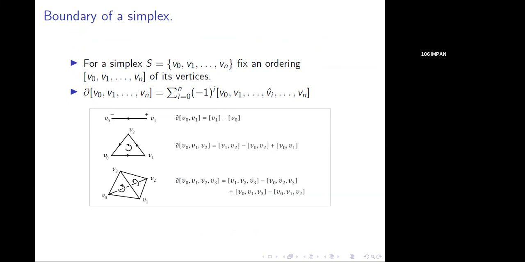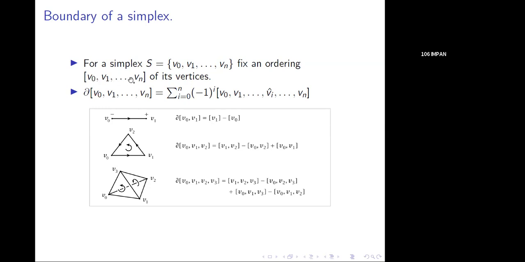And here's how it is defined. First of all, I take a simplex consisting of vertices V0 to Vn. I order them in a certain way, from V0 to Vn. It's actually related to a choice of orientation, which has something to do with the right-hand rule, if you like physical intuition.